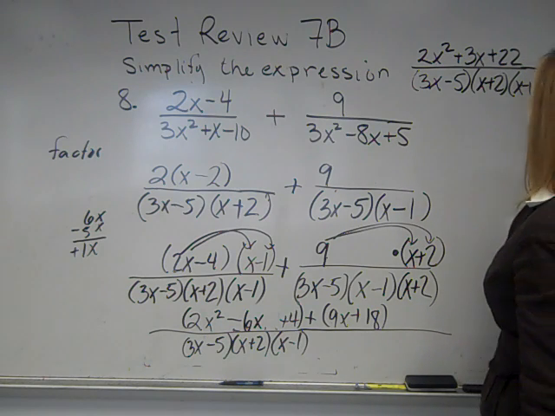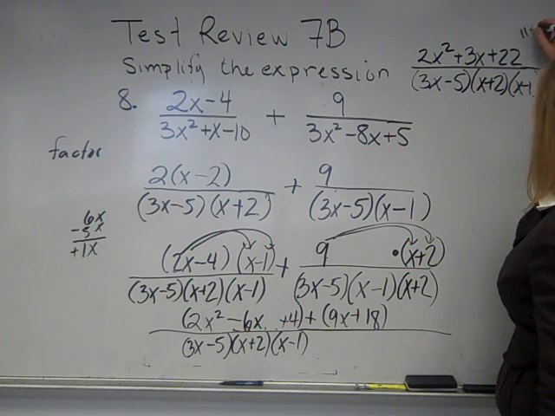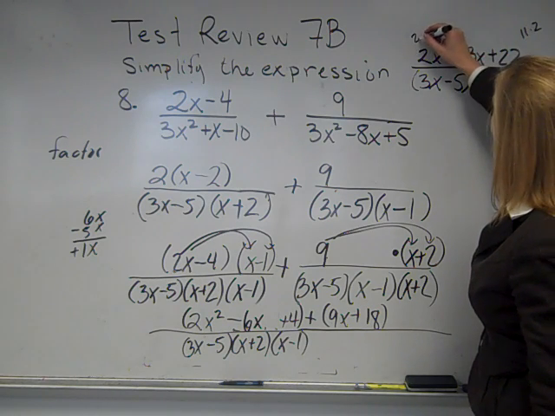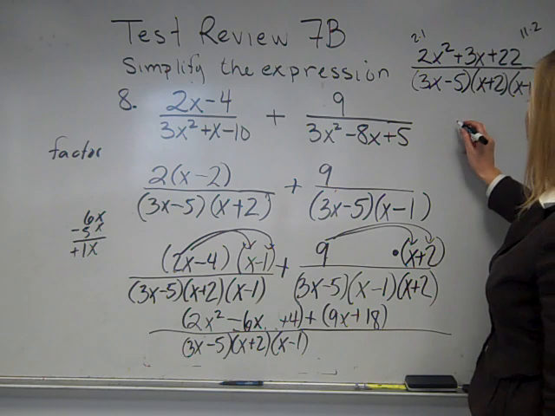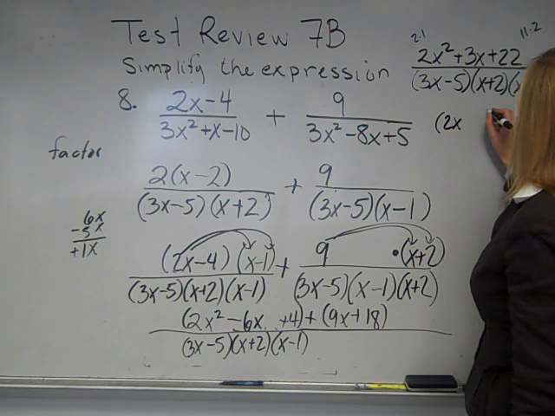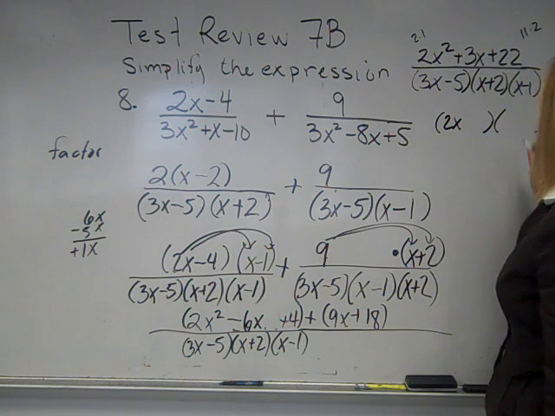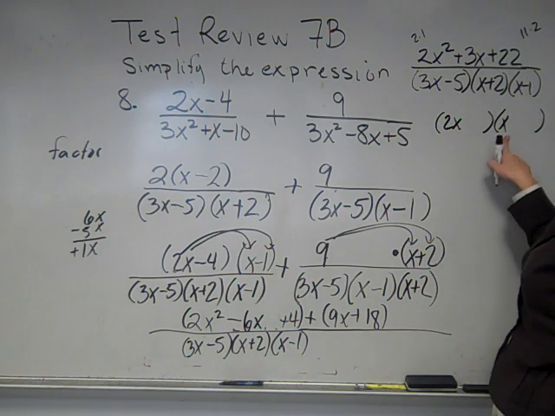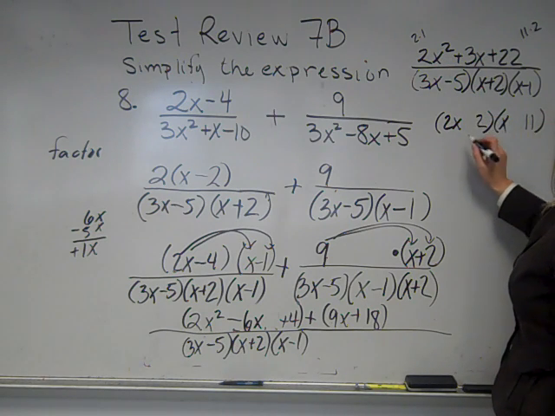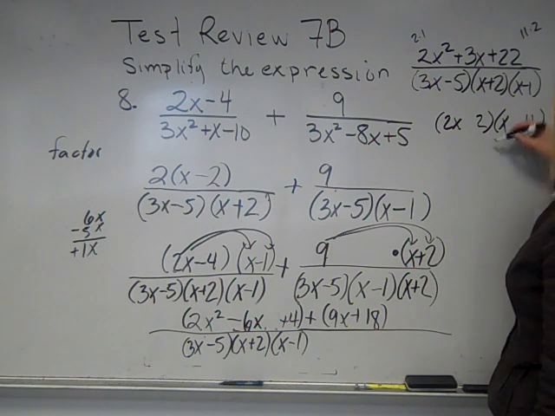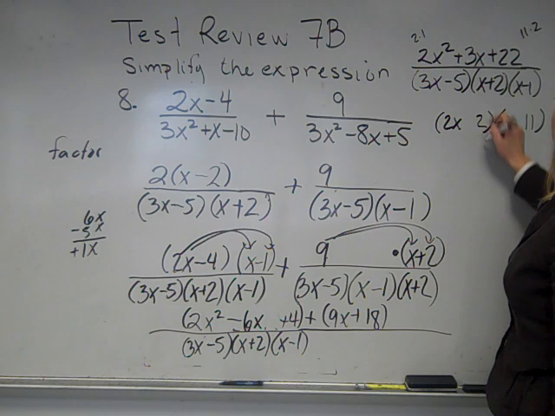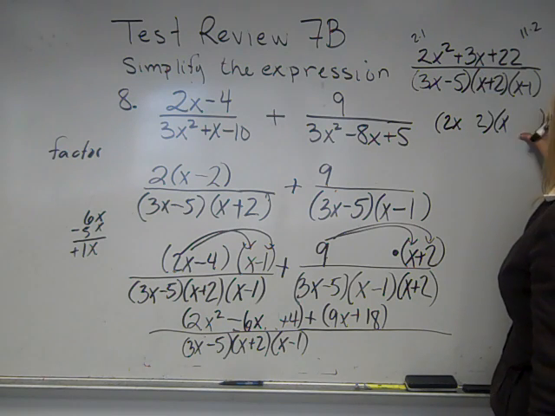Let's do some quick factoring to see if we can multiply to 22 and combine to 3x. 2x times x is 2x squared. I could have 11 and 2, which would give me 22, plus 2 is 24. Nope, that doesn't work. Let's try it the other way.